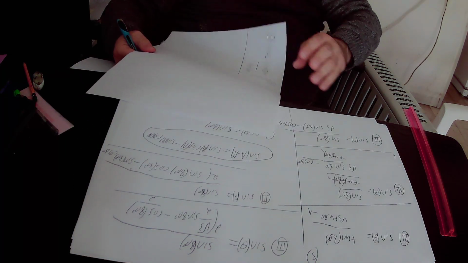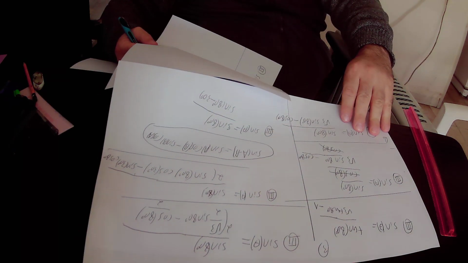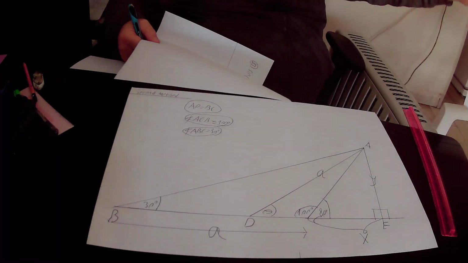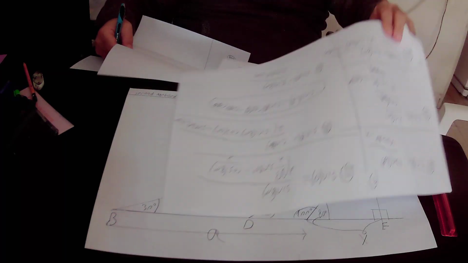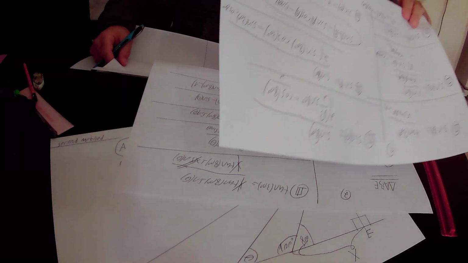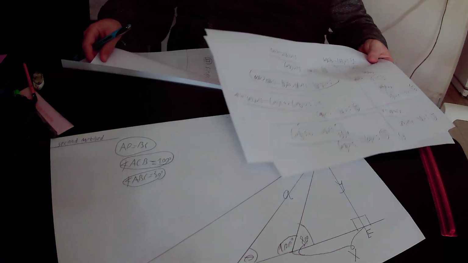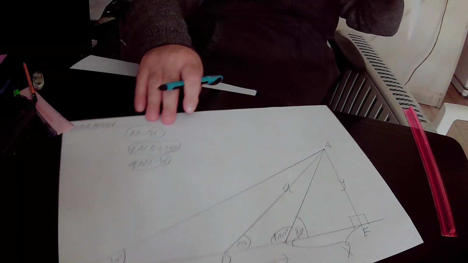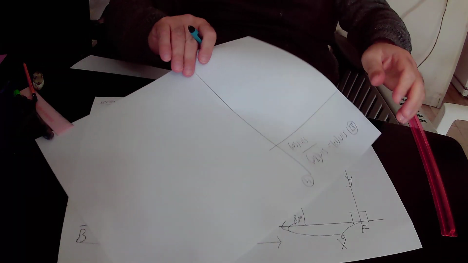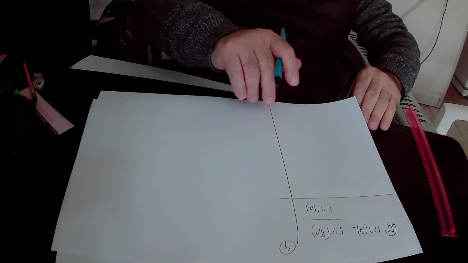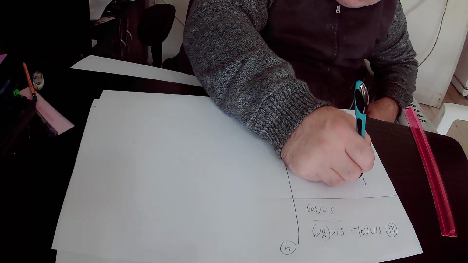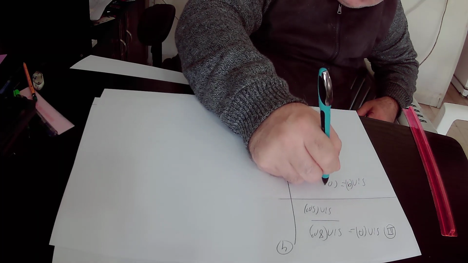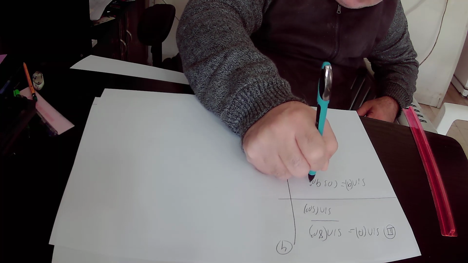But we also have the trigonometric identity that states that sine alpha equals cosine (90 degrees minus alpha).